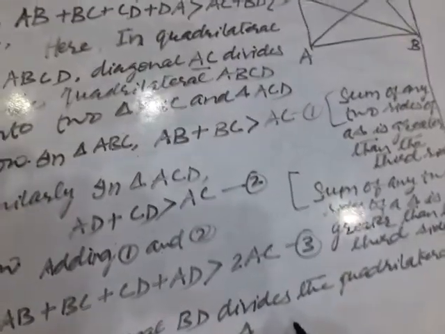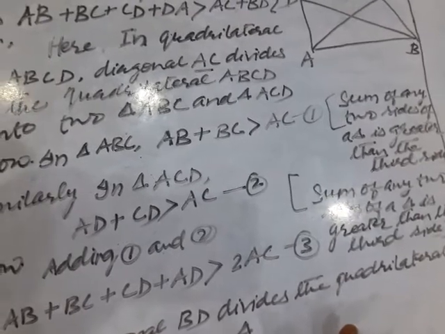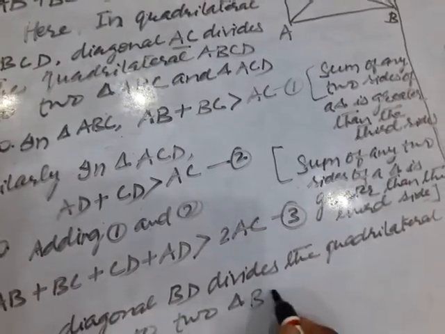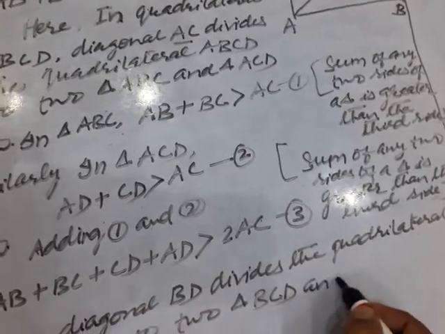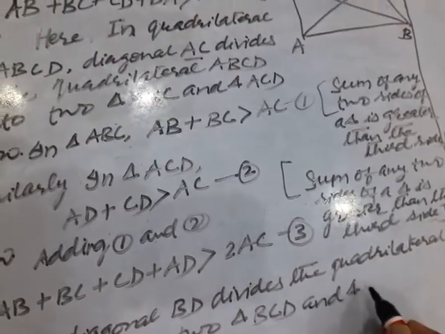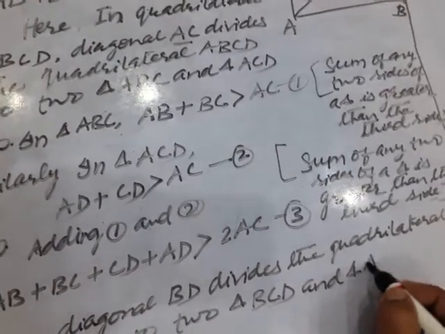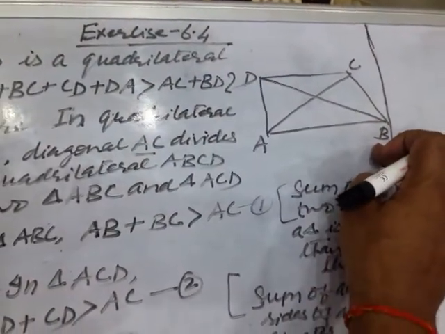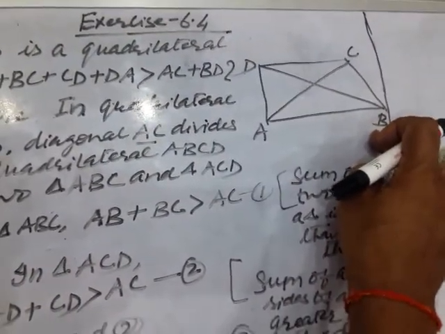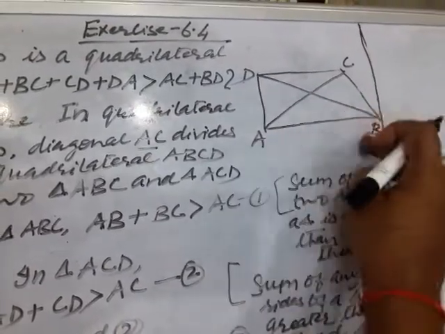What are the two triangles? Diagonal BD divides the quadrilateral into triangle BCD, clear, and triangle ABD, clear. Here diagonal BD divides the quadrilateral into two triangles, the triangle BCD and triangle ABD.